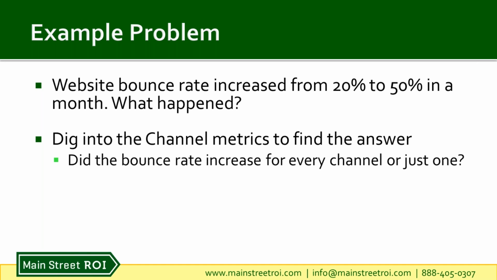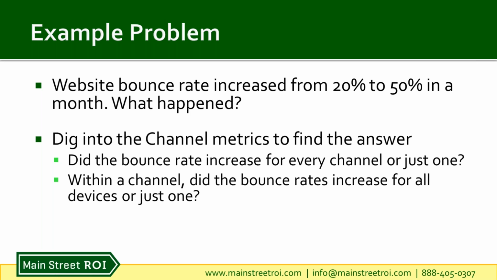If it increased for every channel, then that's a signal that something happened. You probably made a change to your site that overall negatively impacted all of the traffic. Now, it could be that just a couple channels increased and actually other channels decreased.